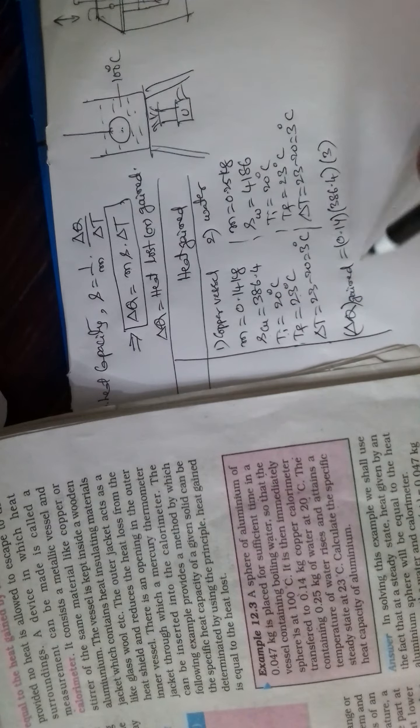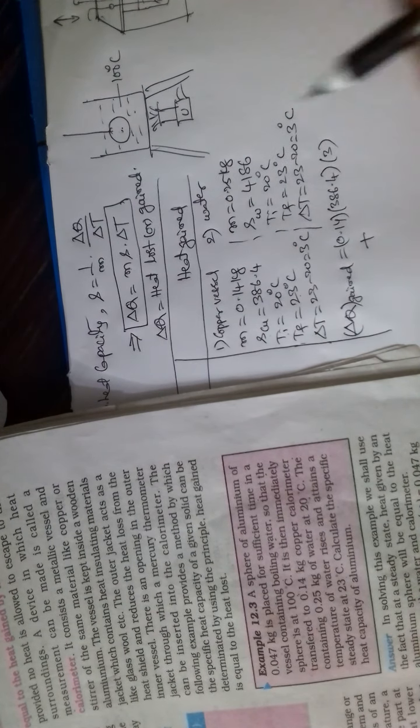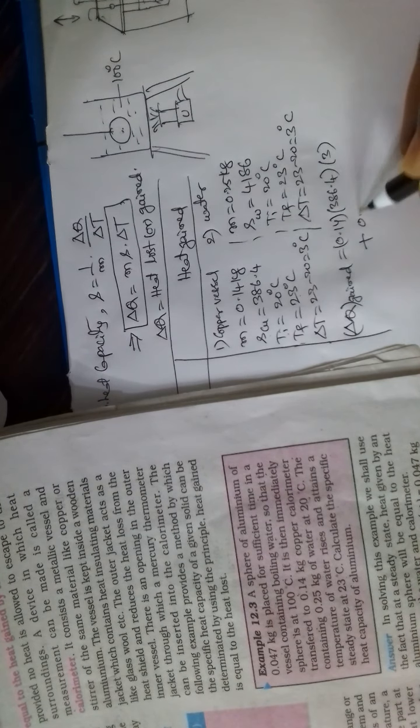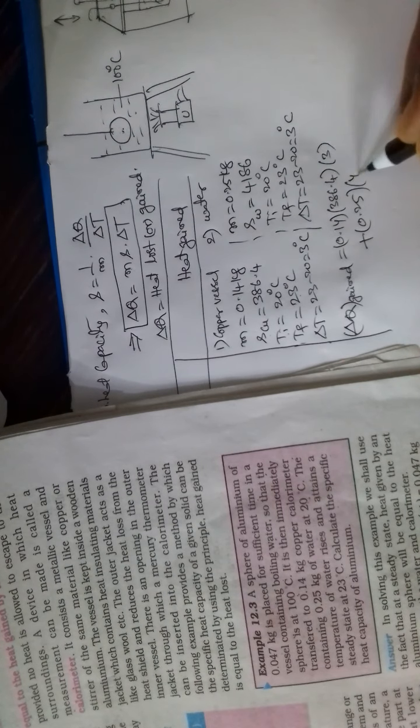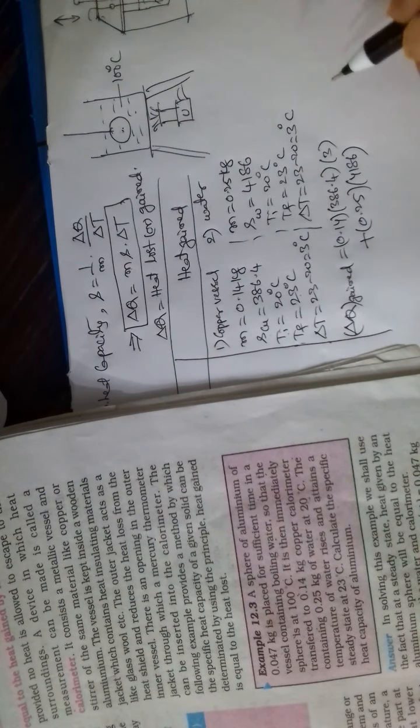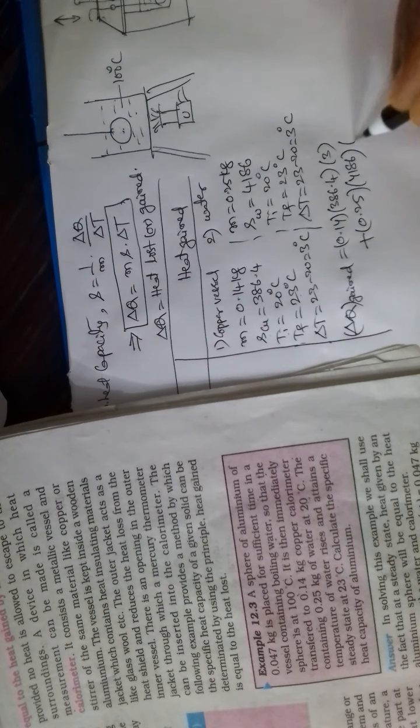This is the heat gained by the copper vessel plus the heat gained by water: mass, specific heat, change in temperature.